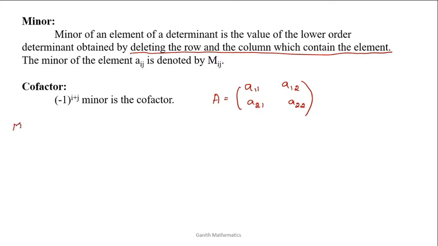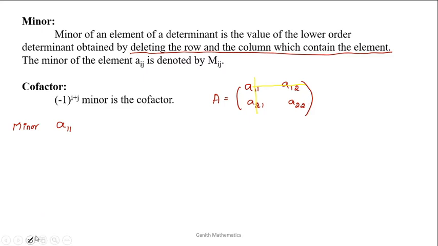I am going to find the minor of that. So the minor of the first element, that means A11. For that, you have to eliminate the corresponding row and column in which A11 lies. A11 lies in the first row and the first column. Eliminate these two and we get A22.